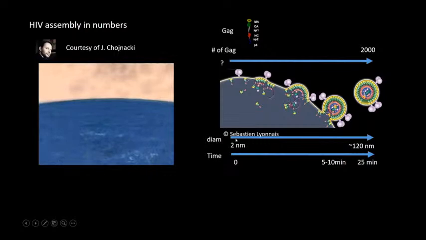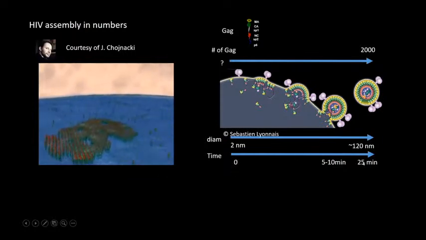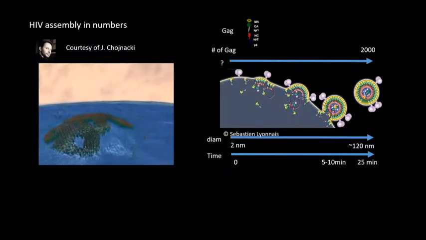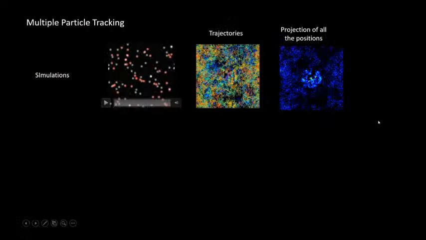This has an apparent size ranging from 2 nanometers for the single protein up to 120 nanometers in diameter for the fully assembled virus. The time needed to make and release a new virus is known to be approximately 30 minutes. To study this process, we decided to use a multiple particle tracking approach coupled to PALM microscopy.